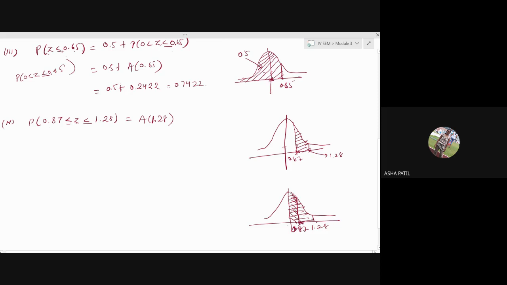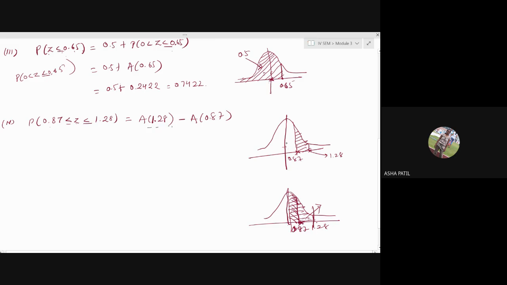So in the total area from 0 to 1.28, if you subtract 0 to 0.87, then you will get this remaining area. So it is A of 1.28 minus A of 0.87. We will first find the total area from 0 to 1.28, that is given by A of 1.28.